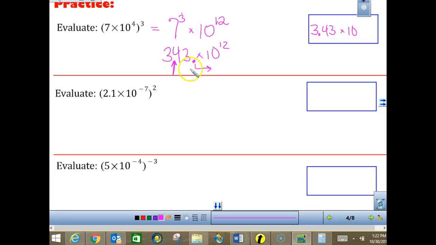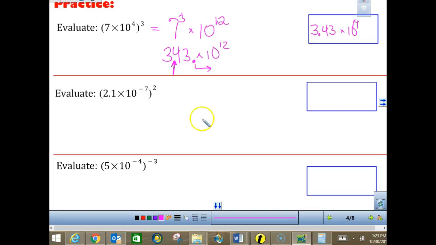So this was 12. We have to move it further now. So 10 to the 14th power. Okay. So we weren't just moving it the one place back to get 13. We had to move it between that 3 and 4 to get 343.